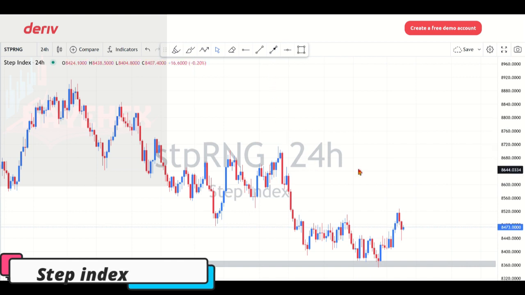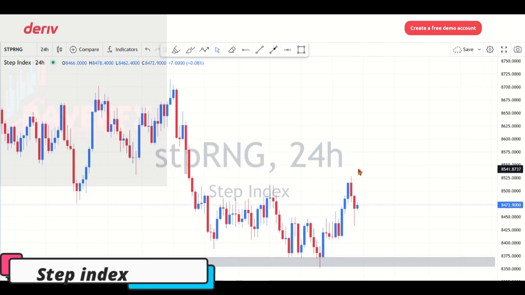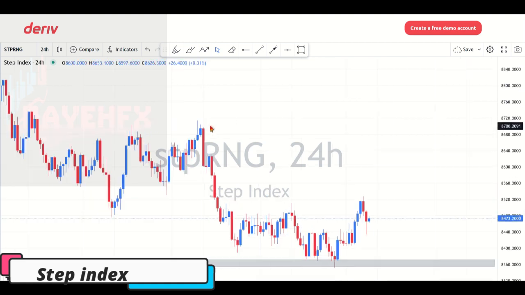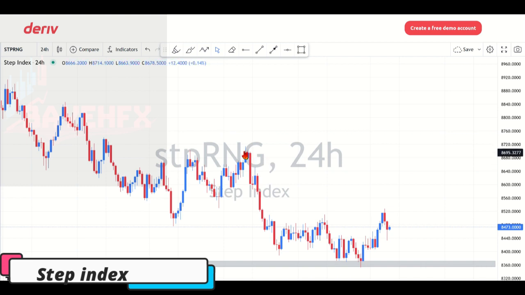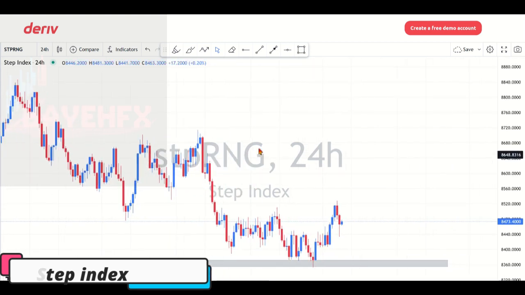So guys, the most important stuff we're seeing on the step index is these highs have been cleared, and it's a start of a new uptrend. So ideally we should be expecting the market cleaning this high to confirm that we have started a nice trend there. You understand?